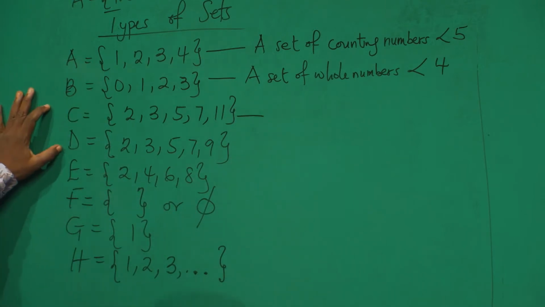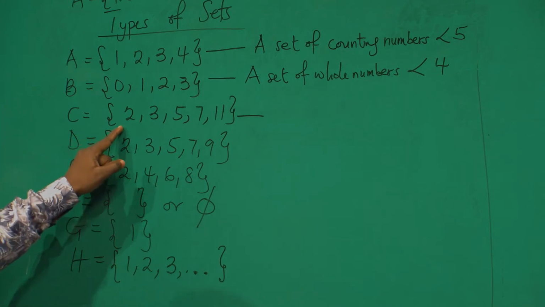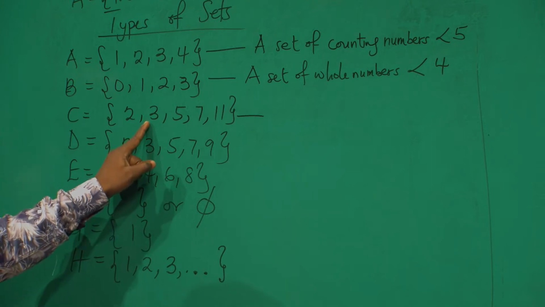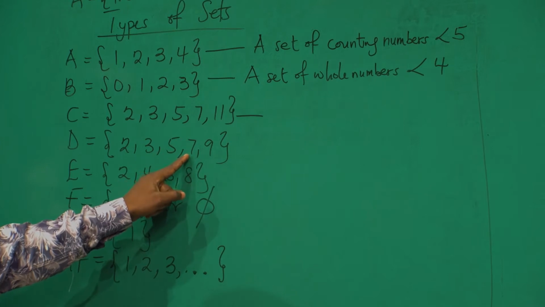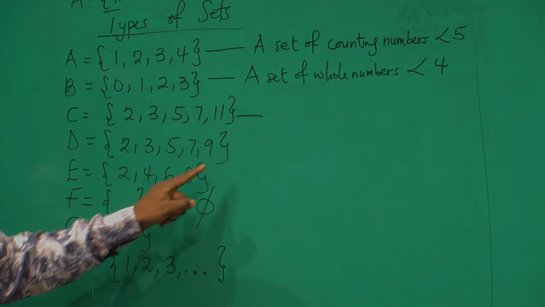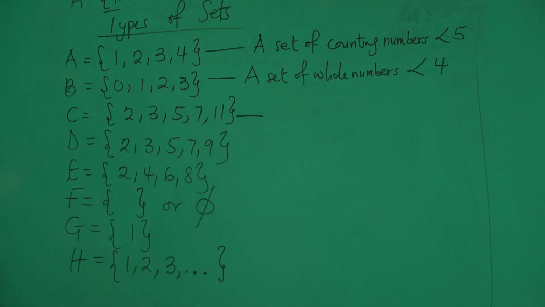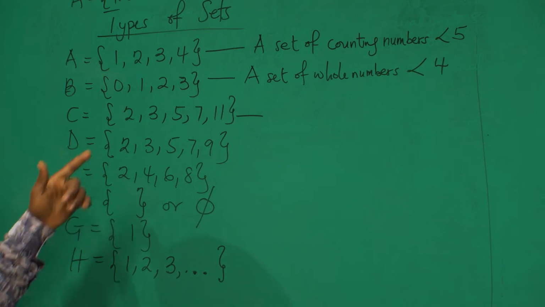And D looks almost the same. There is 2 here, there is 2 there, there is 3 here, there is 3 here, there is 5 here, there is 5 here, there is 7 here, there is 7 there, but there is 11 here, but here is 9. Okay. A student can say C are prime numbers, or D is also a prime number.